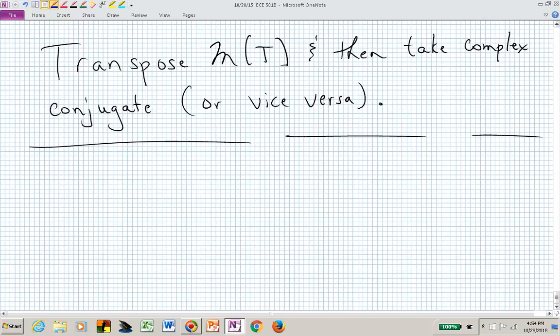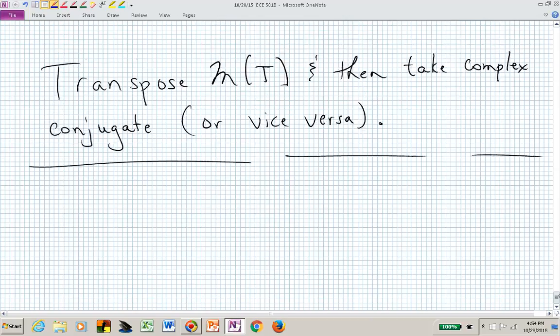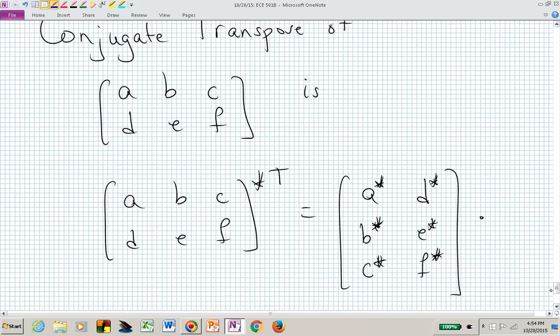This matrix here, this example, A, B, C, D, E, F, is it Hermitian? No, it's not square. Hermitian would at least have to be square in order to equal itself, and if you took the complex conjugate transpose, it would have to be the same.